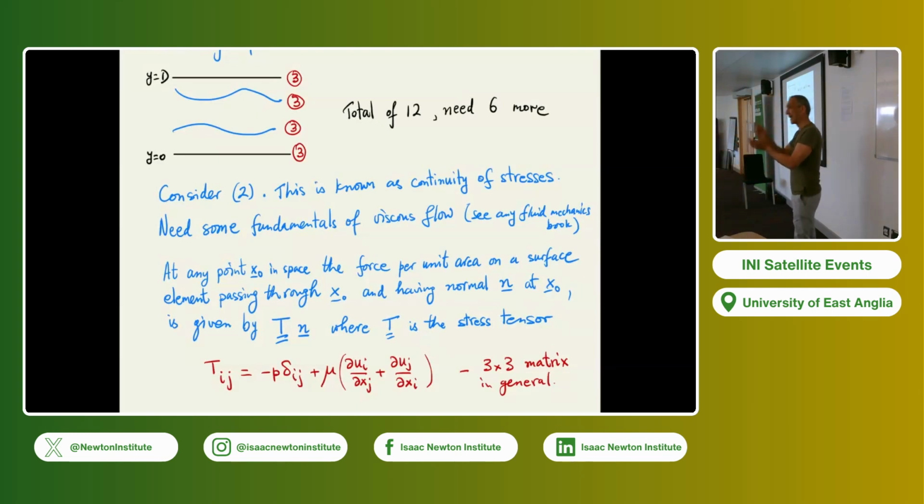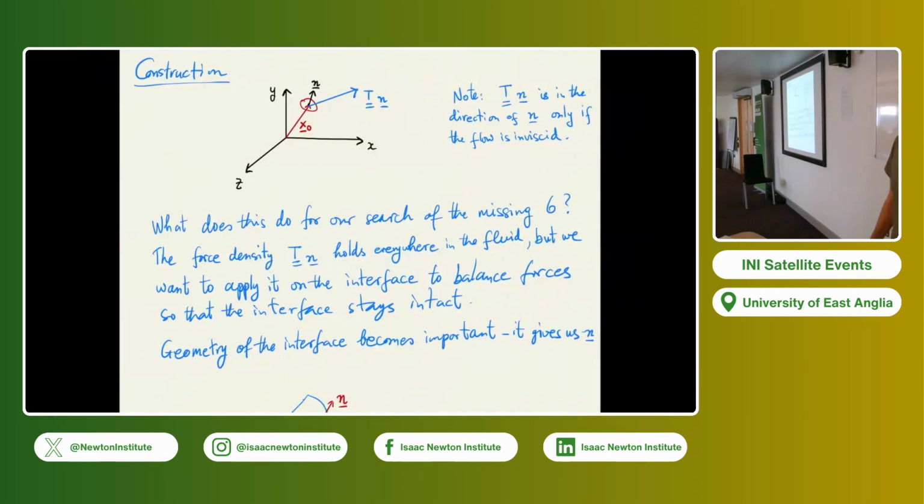If you take any point in space, there's always a force that's perpendicular to any surface in the fluid. The force will be perpendicular to it for inviscid flow. But because you have friction, this changes, and the force will be given by Tn.